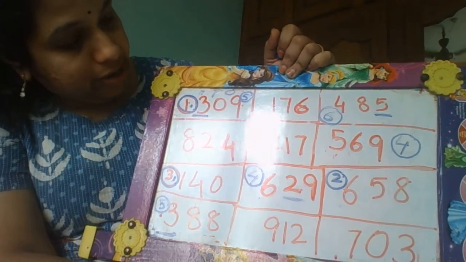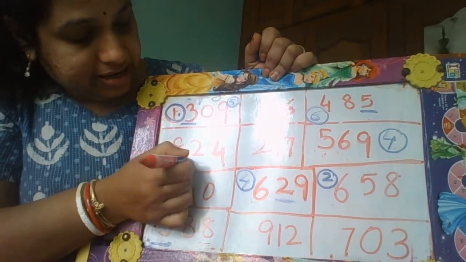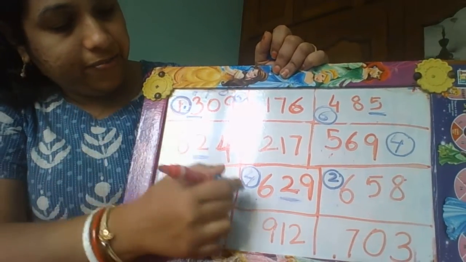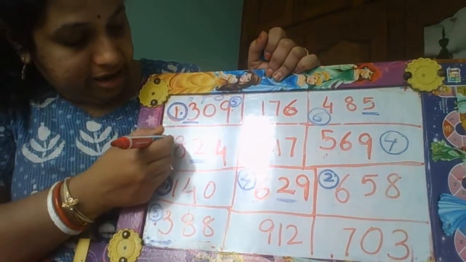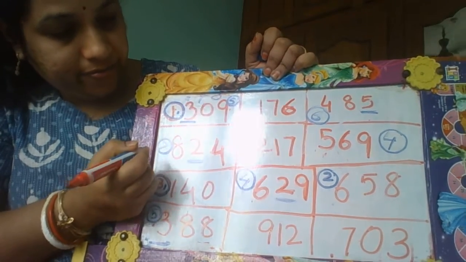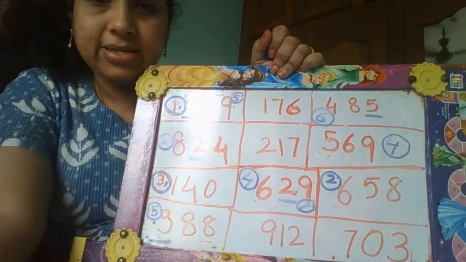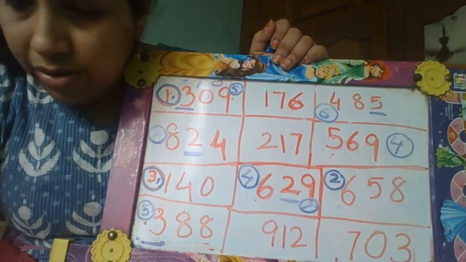And one more is also there. Yes, I got it. So these two are answers again. It is number 7. Here also you can write these two numbers in those blanks. Okay.